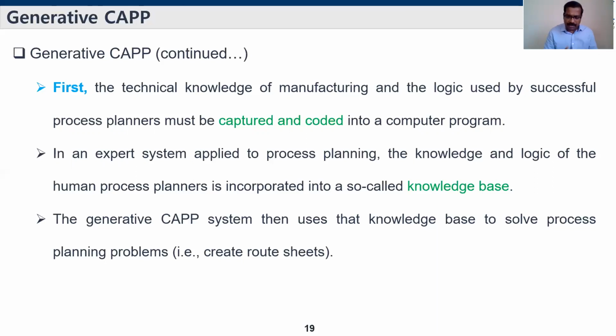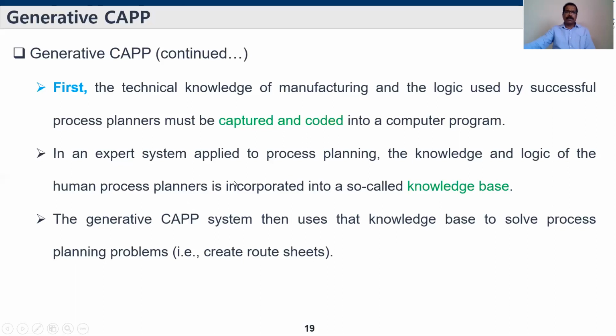We have to capture it and code it into a computer program. I'm understanding from you guys, you are understanding from me, or capturing from some other teaching is different. But capturing plus coding, the coding is a very important portion in terms of generative systems. Capturing and coding the technical knowledge of the experts and putting it in the computer program.